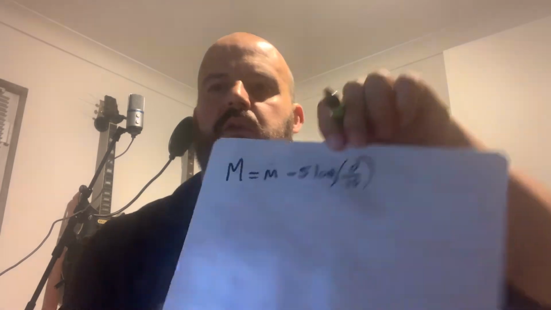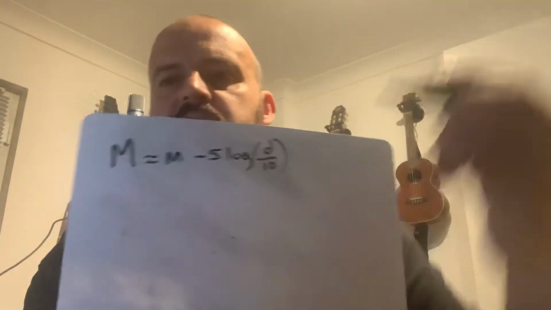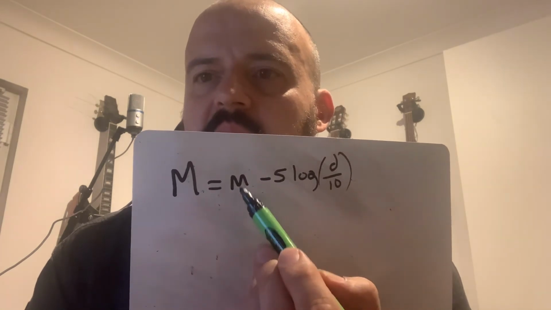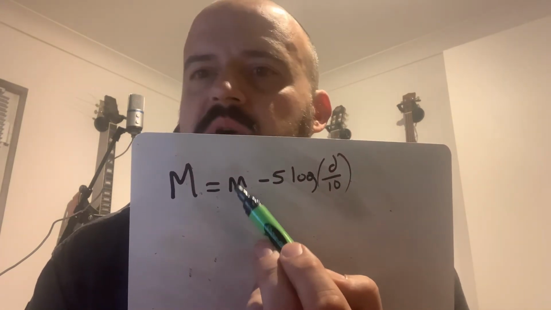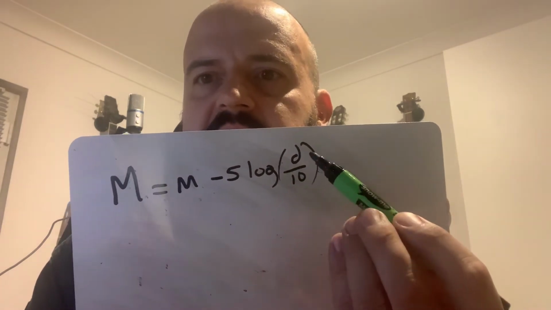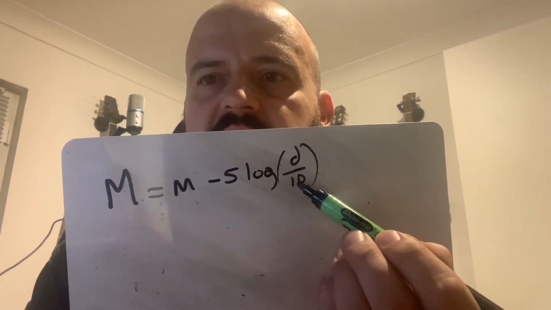I've got my two magnitudes the wrong way around there. Make sure your M's are different sizes, otherwise you confuse yourself like I just did. So we have this one, which we can read off the graph, which was 1.98. Plus 5 log, both in our calculators. D is the distance in parsecs over 10.